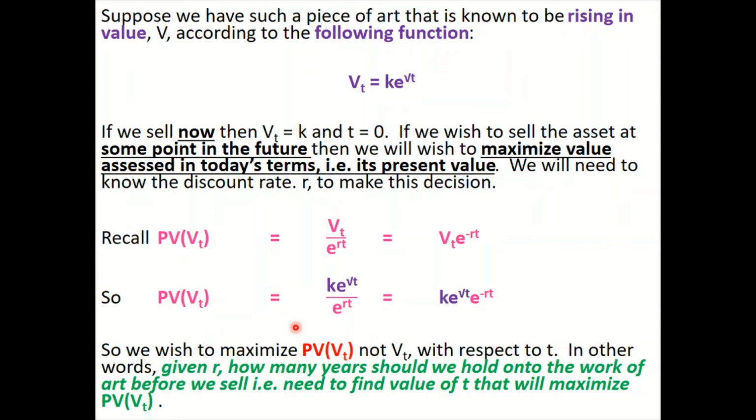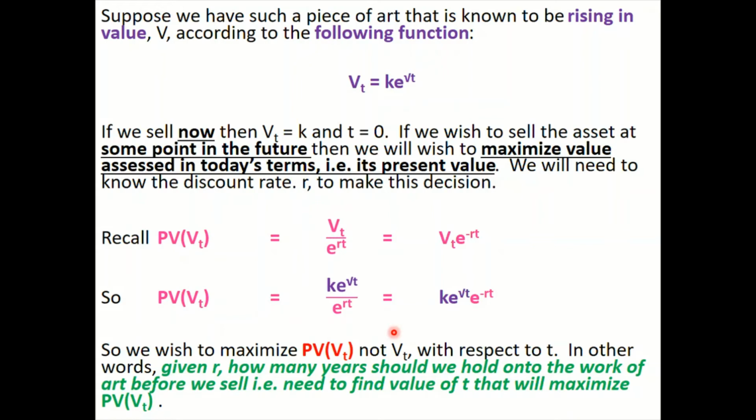So we want to work out optimal timing, the time to sell this asset, based on the present value of this asset. We don't want to work with the future value of the asset, because obviously there will be very different values for this asset in the future depending on what time period we are looking at.